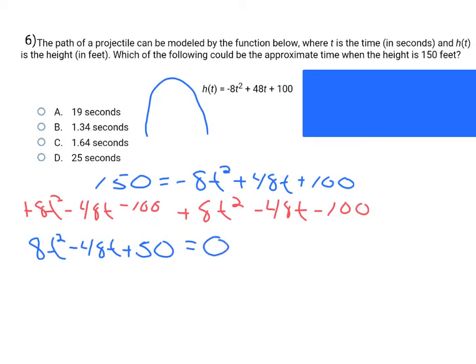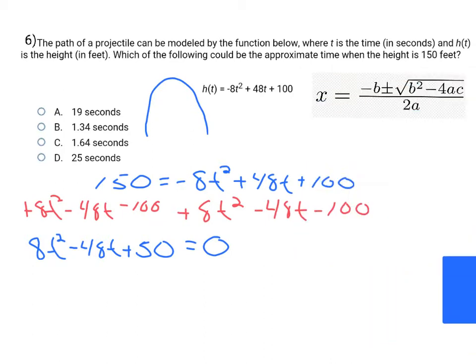And now I'm looking at my answers here, and not all of them are whole numbers. So there's a potential that this doesn't factor. So I'm just going to go ahead and use the quadratic equation right away, which is over here: x equals opposite of b plus or minus the square root of b squared minus 4ac, all over 2a.